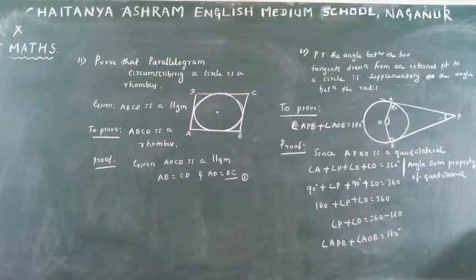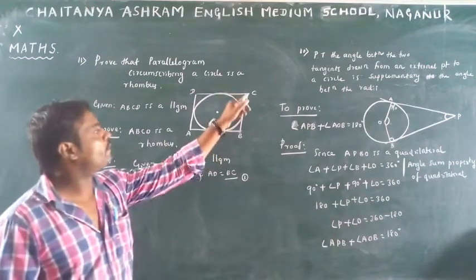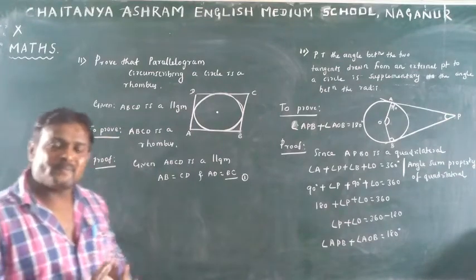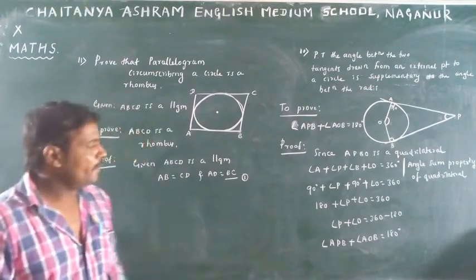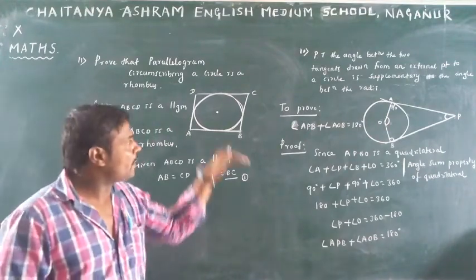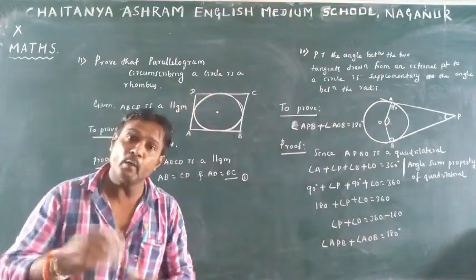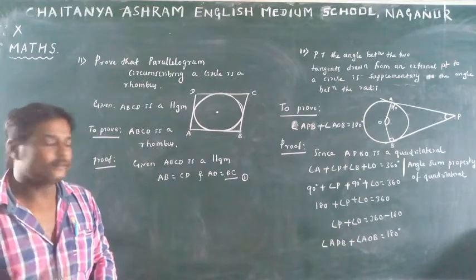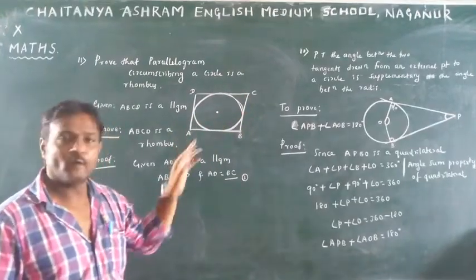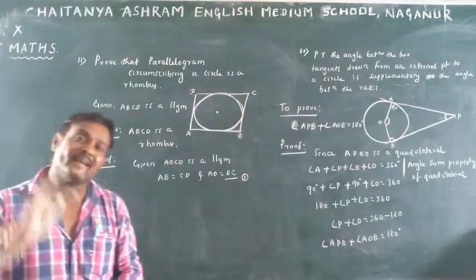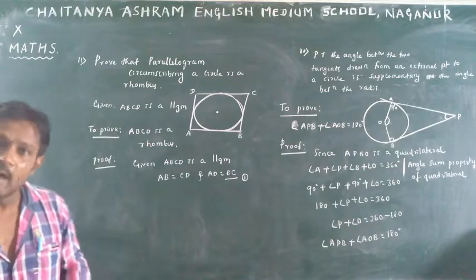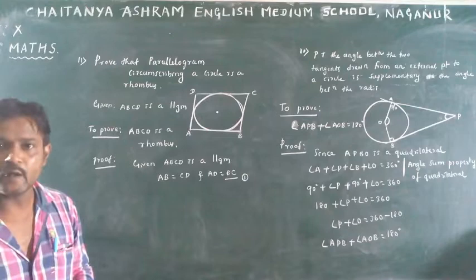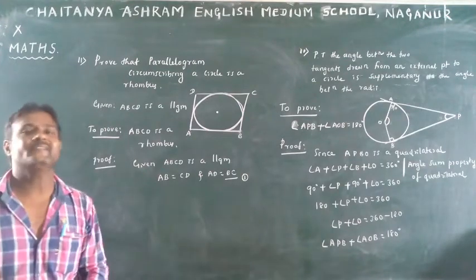Okay. So now we prove this is not just a parallelogram, this is a rhombus. In a parallelogram, only opposite sides are equal. In a rhombus, all sides are equal. So when does the parallelogram become a rhombus? When all sides of the parallelogram are equal, then that parallelogram is a rhombus. Yes or no? That we studied in our previous standard.